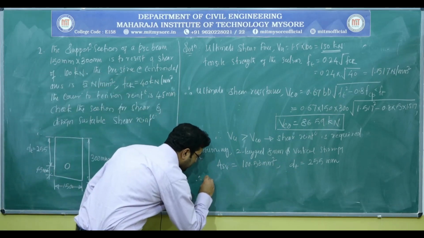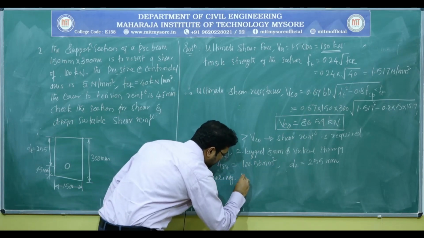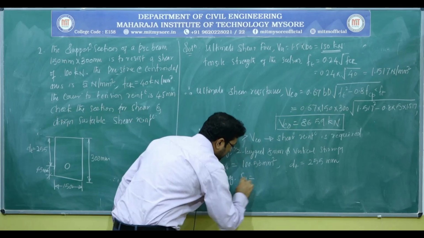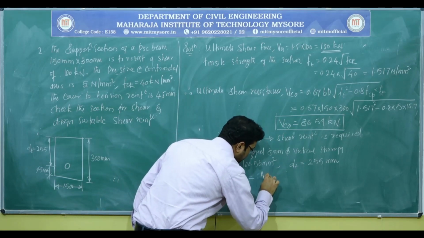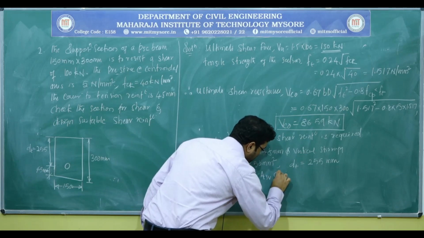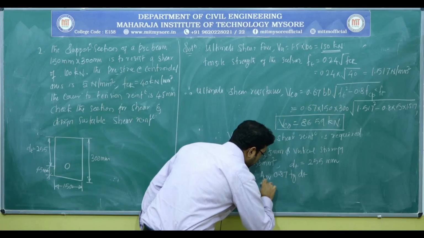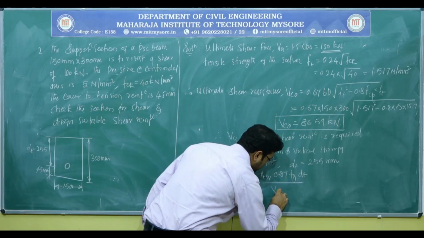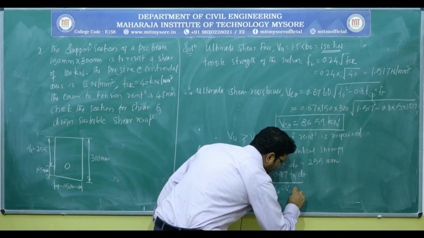Therefore spacing Sv is equal to Asv into 0.87 fy into dt whole divided by Vu minus Vco.